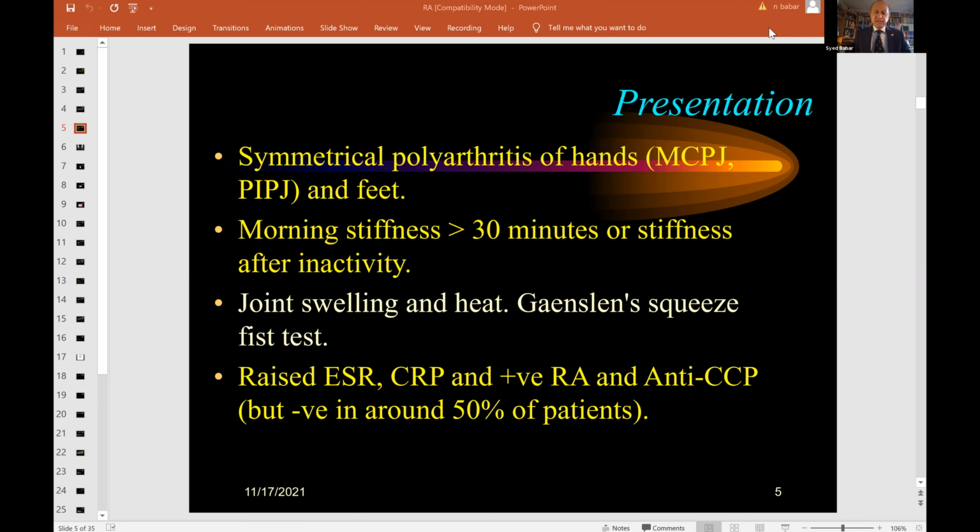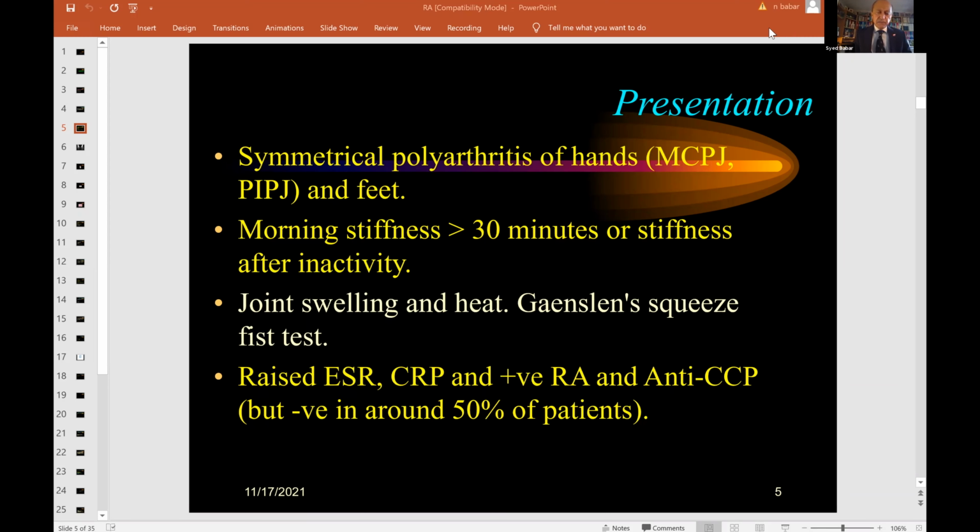Because it's an inflammatory disorder which persists for a longer while, there is raised erythrocyte sedimentation rate and C-reactive protein, the rheumatoid factor is positive, and there is an increase of anti-CCP antibodies as well.